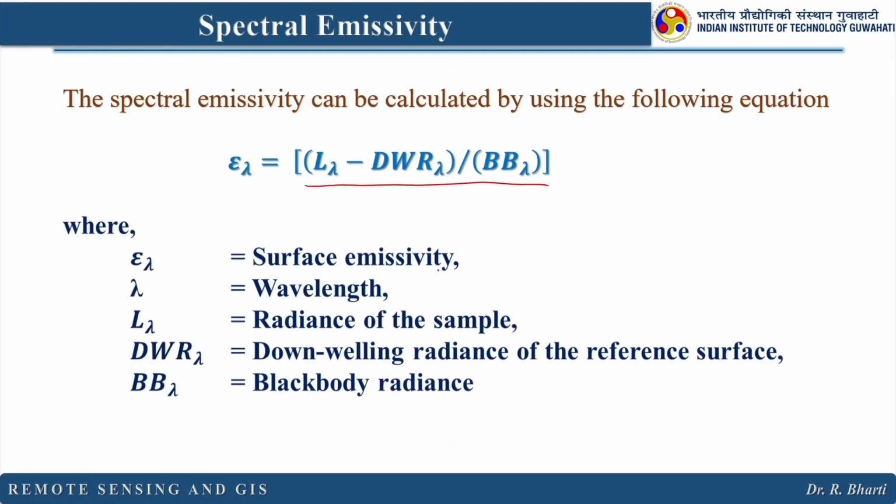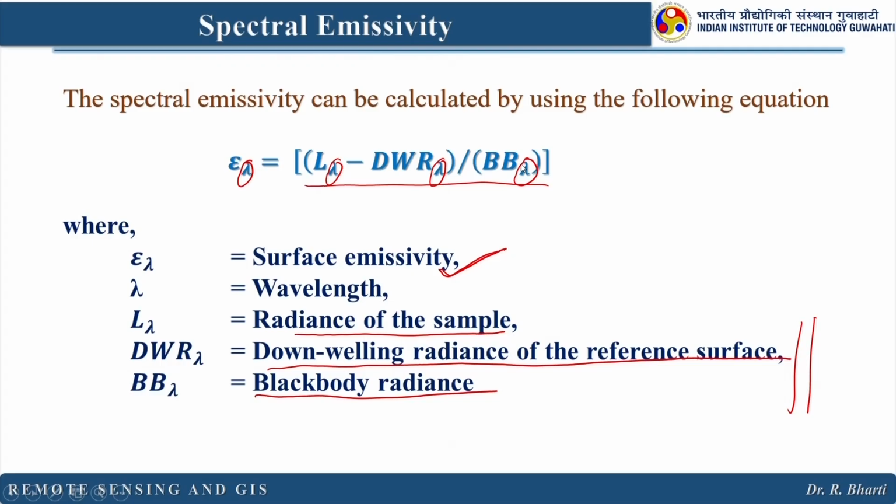The surface emissivity can be calculated when you have the radiance of the sample, the downwelling radiance of the reference surface, and the black body radiance. So when you have all this information, you can easily find out spectral emissivity. Why spectral? Because everywhere we are using this lambda.